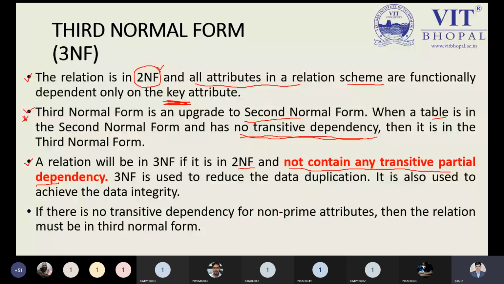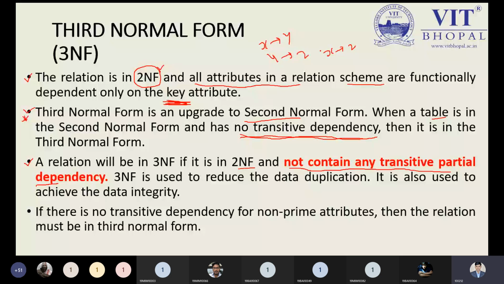If x determines y and y determines z, then due to transitive dependency x will determine z. This is known as transitive dependency.